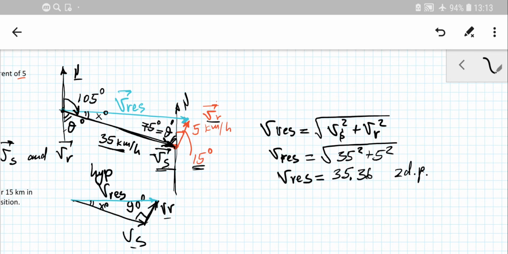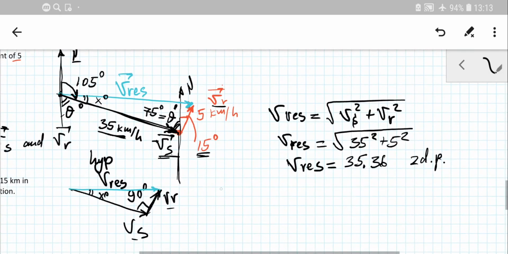So we've got a triangle with sides 35 and 5 as the bottom, from where we can find angle X using the tangent. I will set up the tangent of angle X, which is Vr over Vs, opposite side to adjacent.